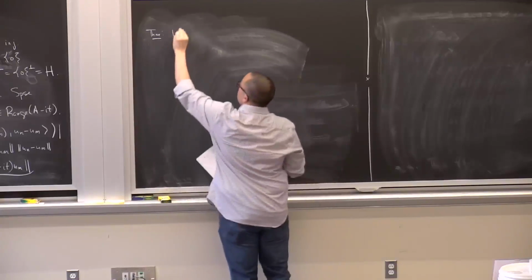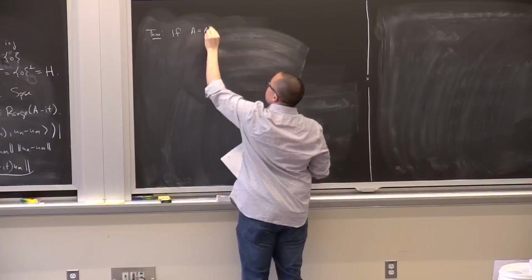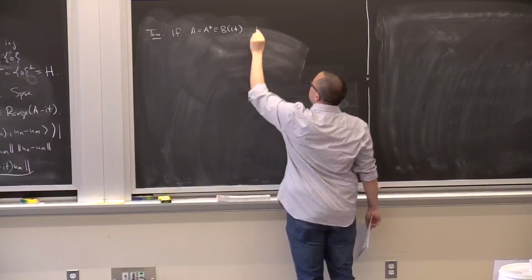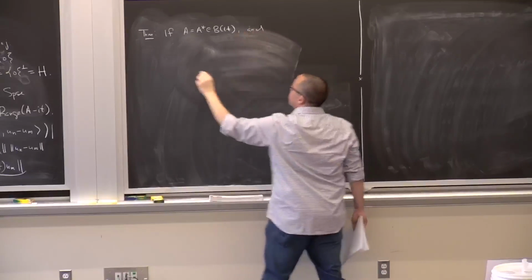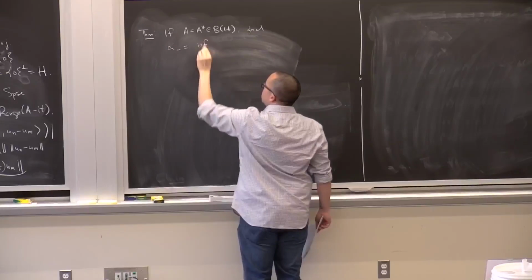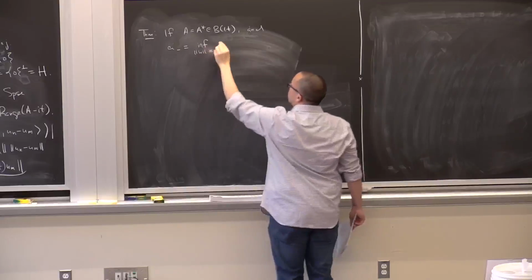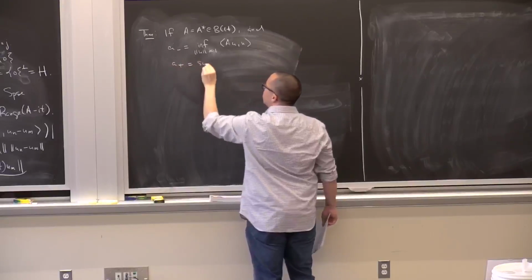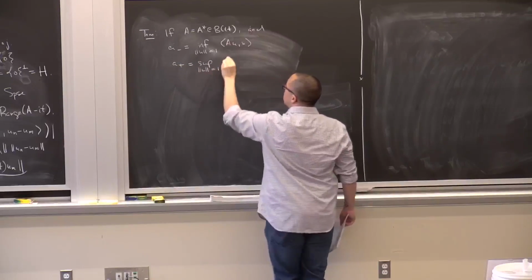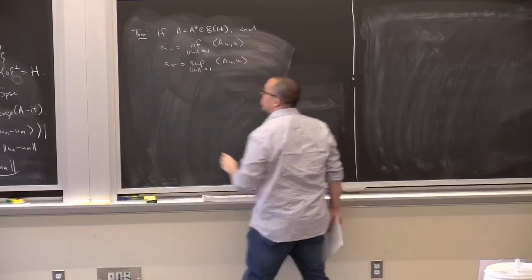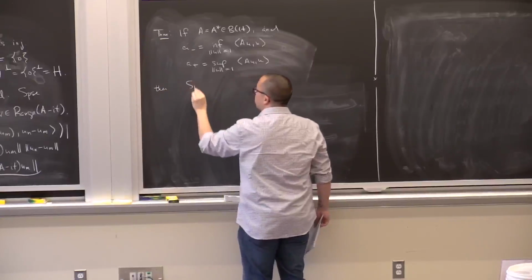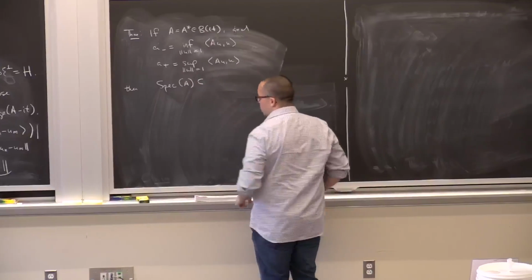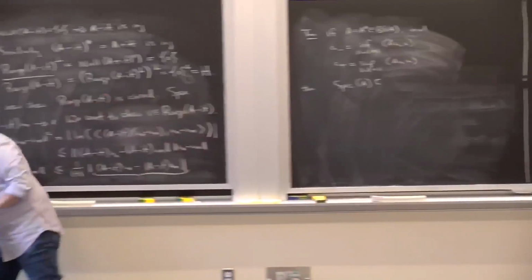So if A is a self-adjoint bounded operator, and A minus is equal to the infimum over all ||u|| = 1 of ⟨Au, u⟩, and A plus equals the sup of ⟨Au, u⟩, then the spectrum of A is contained... So first off, two things.